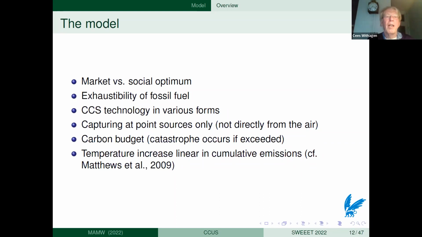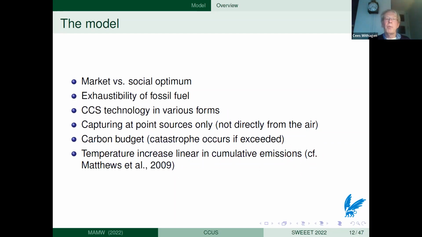We also work in line with Michel Moreaux's preference, but also according to the Paris Agreement, we work with a carbon budget. So that means that once you go over the budget, there is a catastrophe.